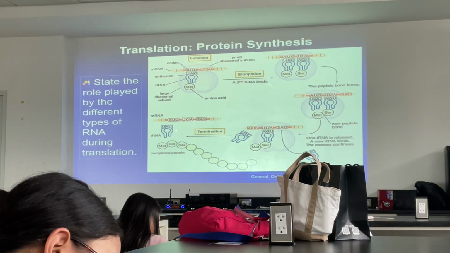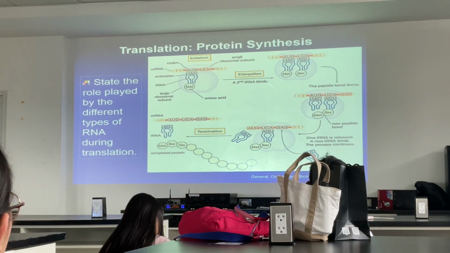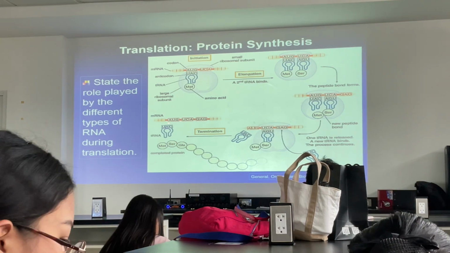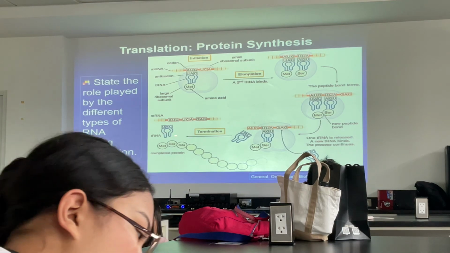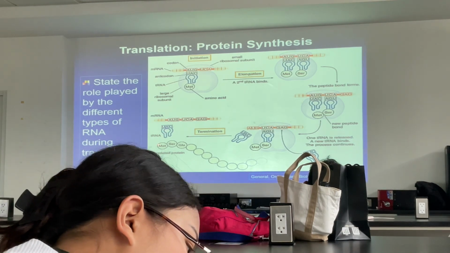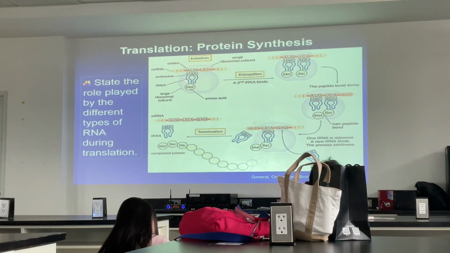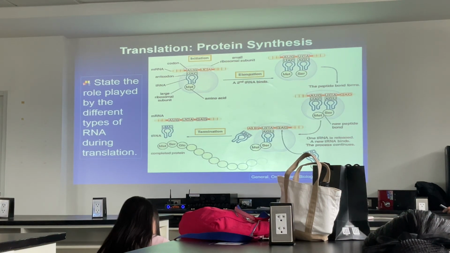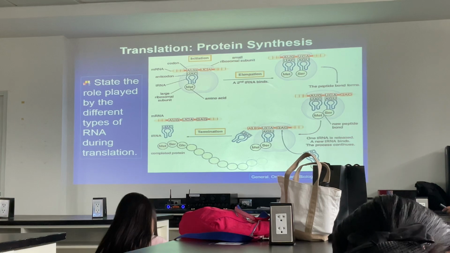What about your tRNA, or transfer RNA? It is the type of RNA that brings the specific amino acid to the ribosome that will be utilized in the synthesis of a polypeptide chain. So it is the transfer RNA that brings the specific amino acid.